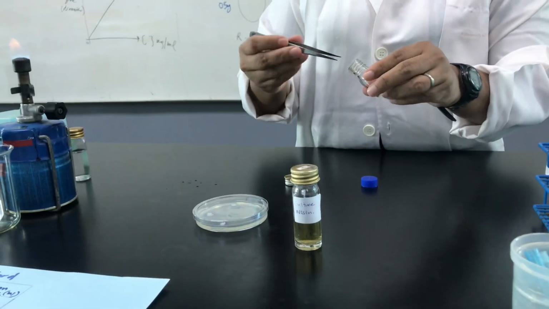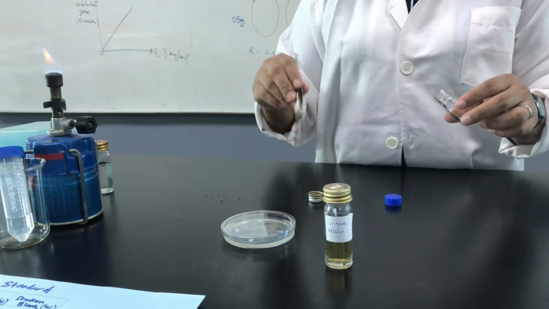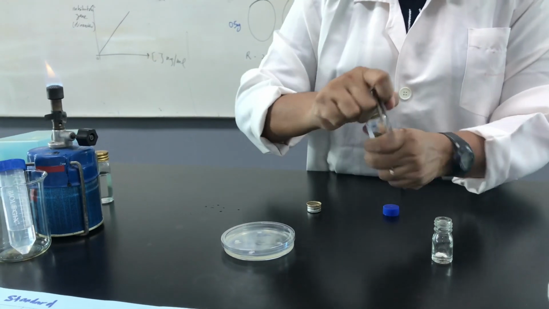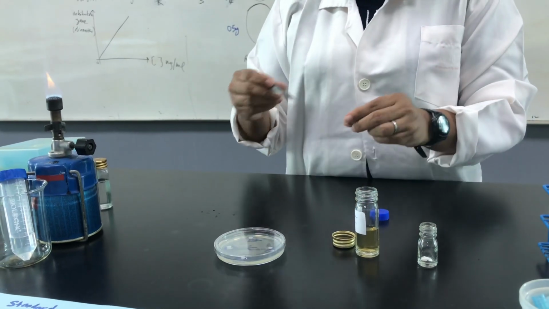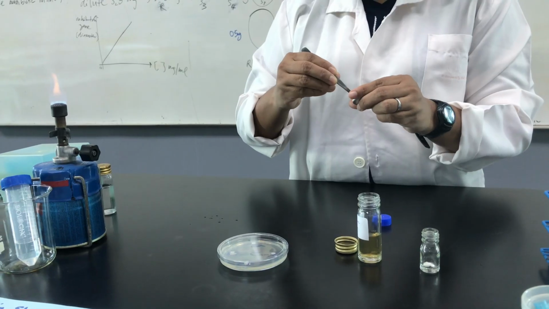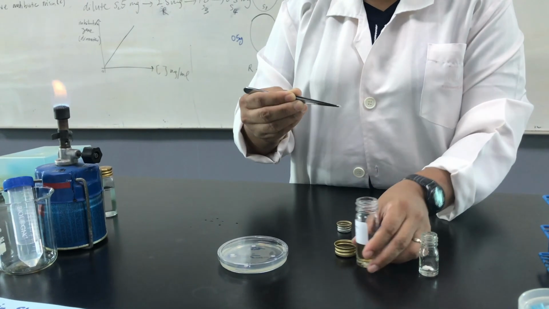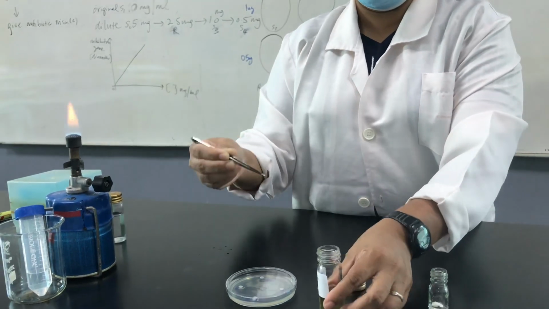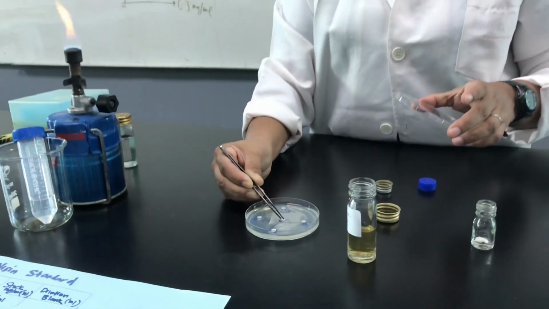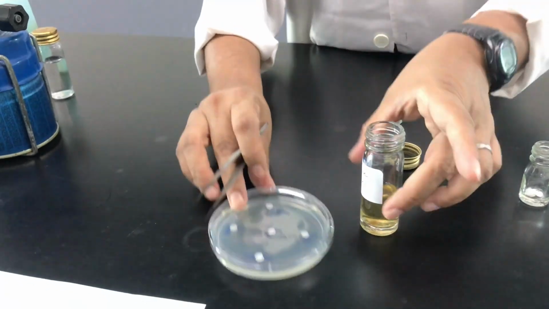But the technique is the same: sterilize, cool down. Dip the disc into it and place it at the middle of the agar where the C is labeled.